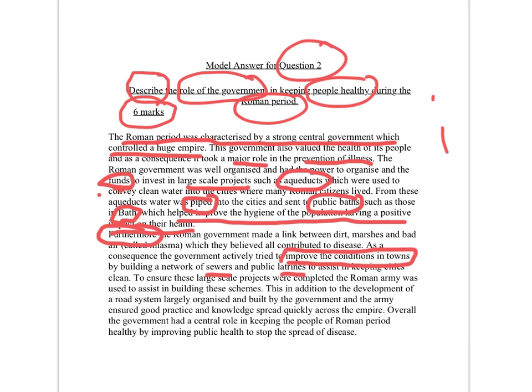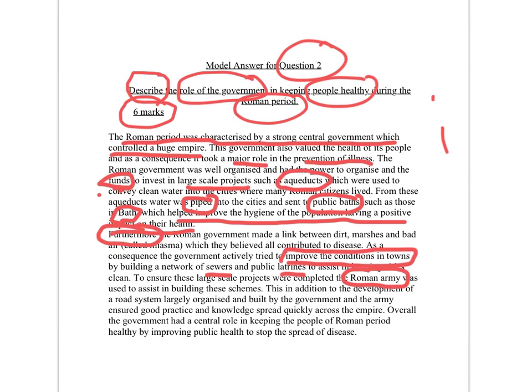Now, I've also brought into line here another way that the government helped achieve this. We've already spoken about the government investing money and helping to organise it, but I've also included the role of the Roman army, because obviously with a huge empire, the Roman army was a very powerful, large army, which was used to help build these schemes.